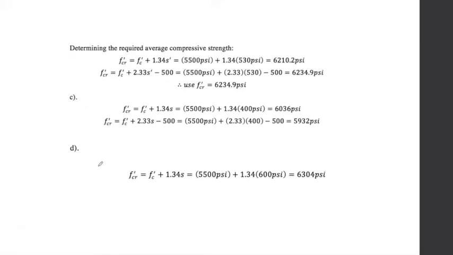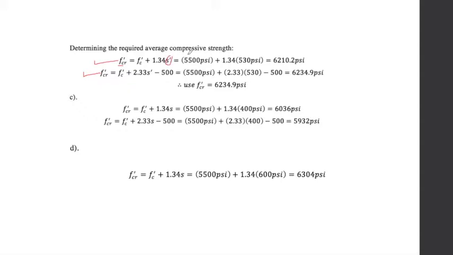In order to determine the required average compressive strength, we will need to use two equations. The first equation is given as follows: f CR prime equals f C prime plus 1.34 times S prime, which we just found in the previous slide.